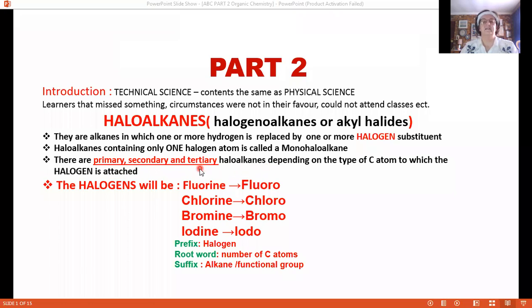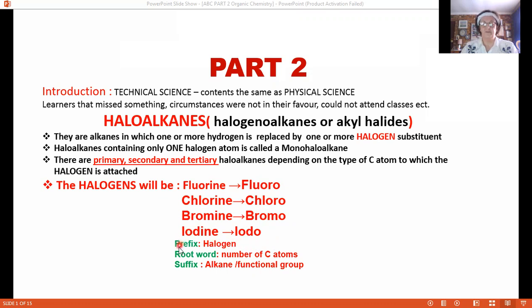The halogens being in group 7, as we said, fluorine, chlorine, bromine, and iodine, then the prefix of fluorine becomes fluoro, chlorine becomes chloro, bromine becomes bromo, and iodine becomes iodo.